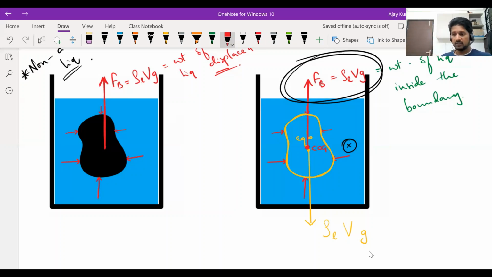Okay. And we show weight to be acting at the center of gravity, which for small sizes is the center of mass itself. Therefore, buoyant force also should be shown acting through the center of mass or center of gravity of the liquid that has been displaced. That point is called center of buoyancy.